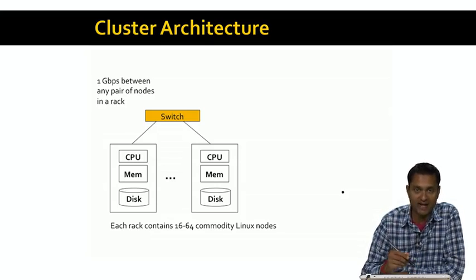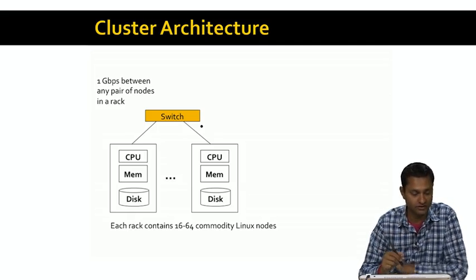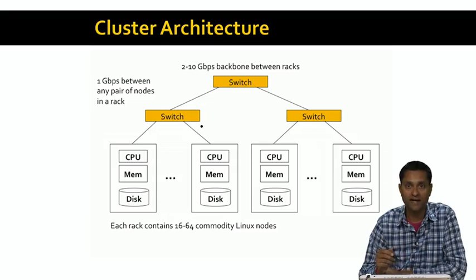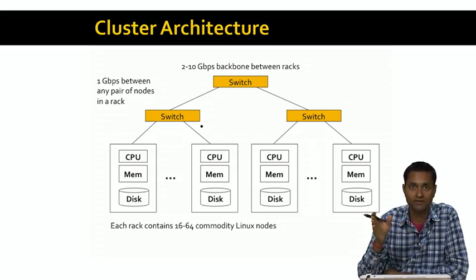You have many of these racks. Each rack has 16 to 64 of these commodity Linux nodes, and these nodes are connected by a switch. And the switch in a rack is typically a gigabit switch. So there's 1 gigabit per second bandwidth between any pair of nodes in a rack. Of course, 16 to 64 nodes is not sufficient, so you have multiple racks, and all the racks themselves are connected by backbone switches.